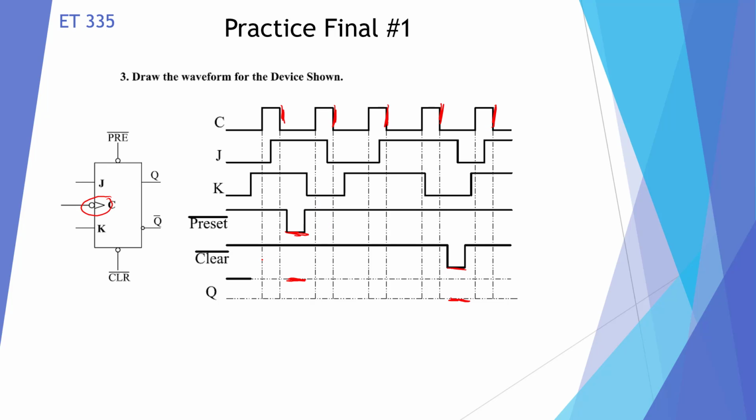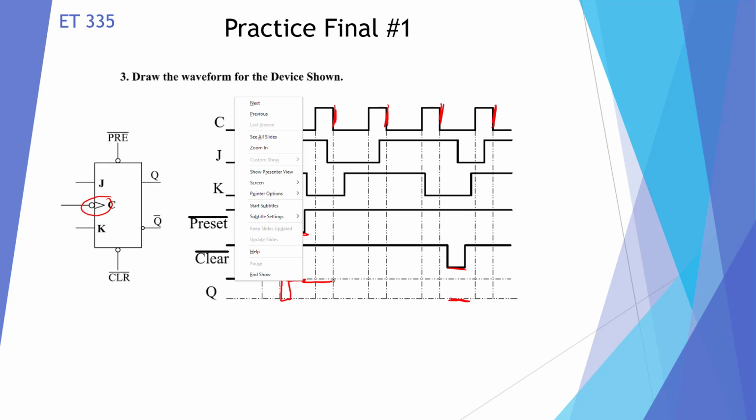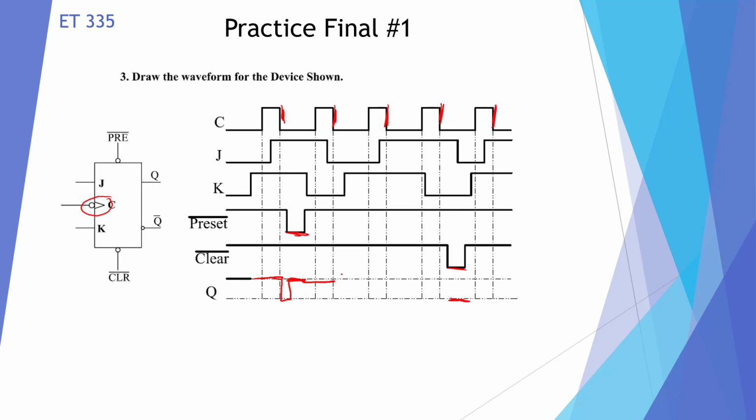Alrighty, so we're starting high and we do the clock, and it is going to toggle. And then we're going to shoot back because of our preset. And we're going to go to the next one, which will be a low, low, which is no change.